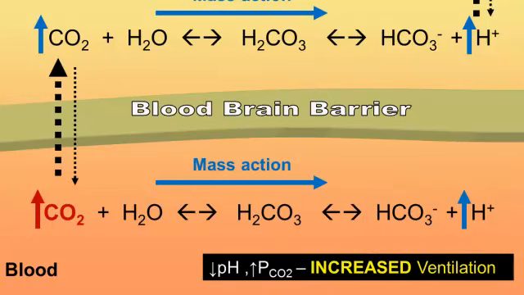The increase in the production of protons is a decrease in the systemic pH. Both the decreased pH and the increased PCO2 are going to be sensed by the peripheral chemoreceptors of the glomus cells, which are going to relay that information to the respiratory center, promoting an increase in ventilation.